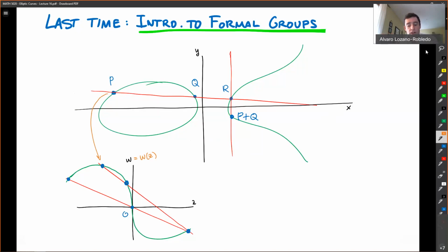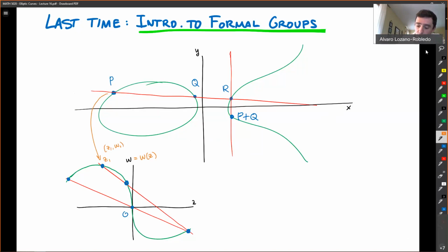So actually, I only need to know the z value. So if for P there is a z1 that corresponds to it, it really is (z1, w1), but we only care about the z value because the w comes for free from the z value.